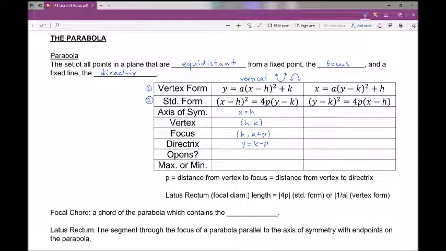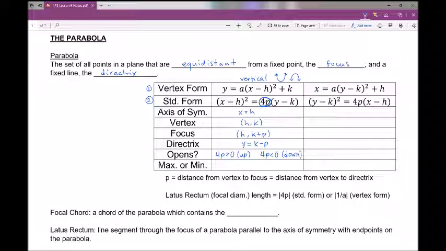As you might be able to tell from these little pictures I drew at the top, the parabola will open either up or down. If 4p is positive, then it opens up. If 4p is negative, then it opens down.